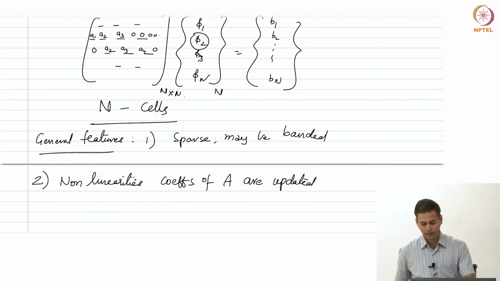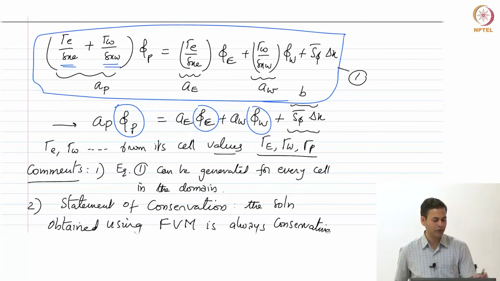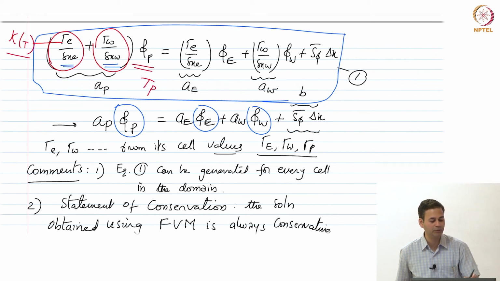Do you see that? For example, go back, what is the coefficient we have here? AP contains gamma E, gamma west. If gamma were constant, no problem, everything is constant and you just have A fixed for the entire problem. But let us say gamma is K, which is a function of temperature. Instead of φP, I am solving for TP. As TP is getting updated in the cells, the particular value of K also needs to be updated. If K is getting updated, your AP needs to be updated. If AP is getting updated, then the coefficients of matrix A are getting changed.